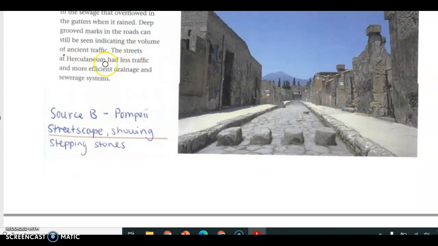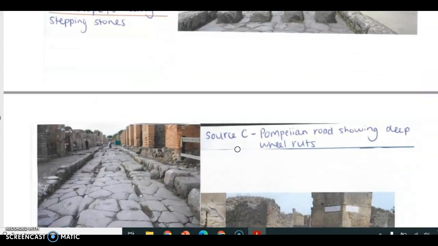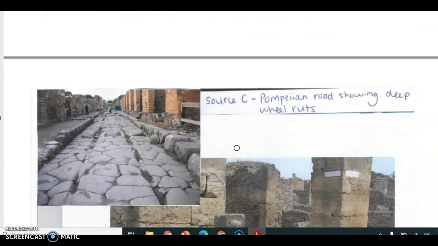The streets of Herculaneum had less traffic because it's not a busy trading town, it's smaller. So there's less evidence of these stepping stones and wider streets in Herculaneum. Now, another big clue that Pompeii was a bustling, busy town full of trade is these deep wheel ruts. You can see them in this road here.